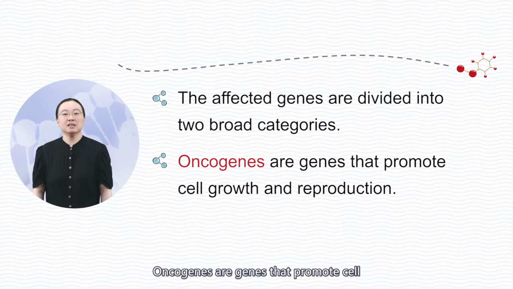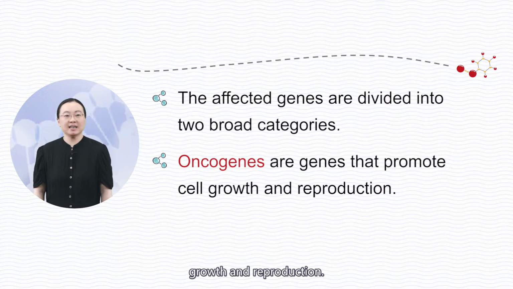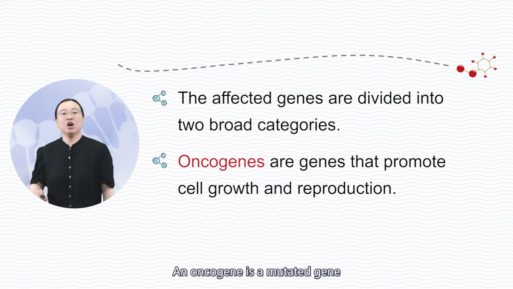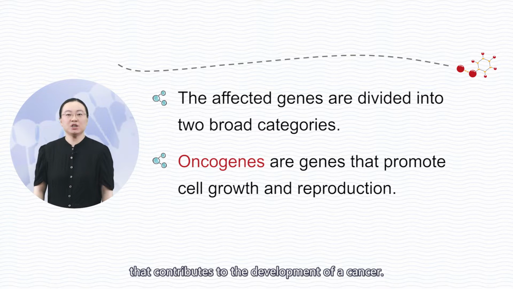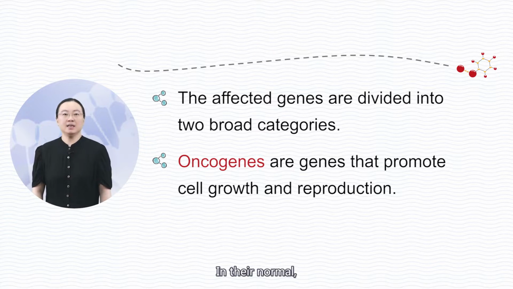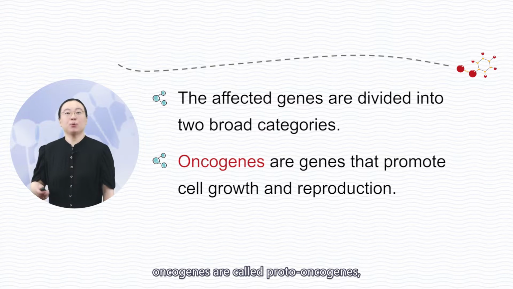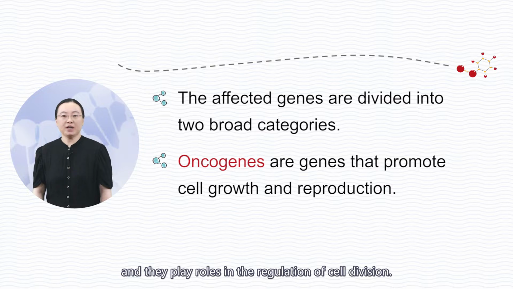Oncogenes are genes that promote cell growth and reproduction. An oncogene is a mutated gene that contributes to the development of a cancer. In their normal, unmutated state, oncogenes are called proto-oncogenes, and they play roles in the regulation of cell division.